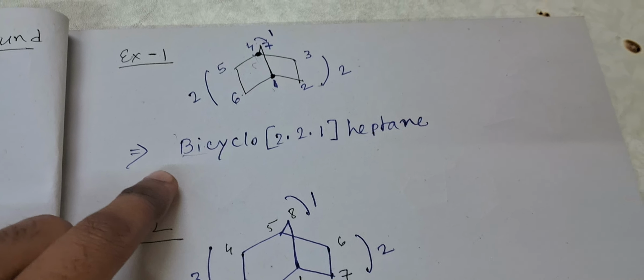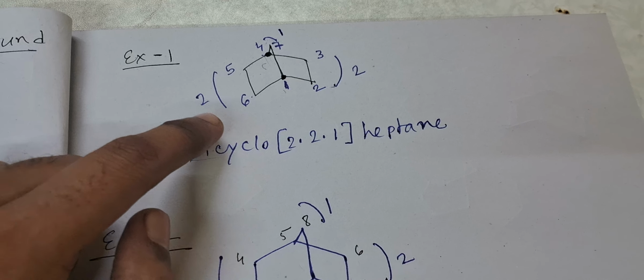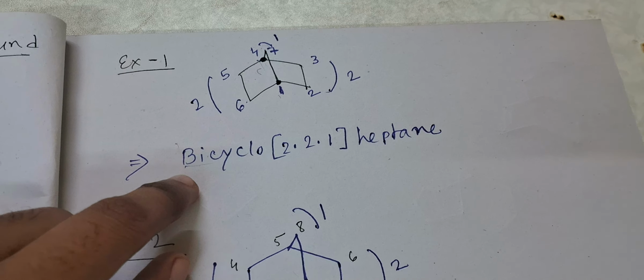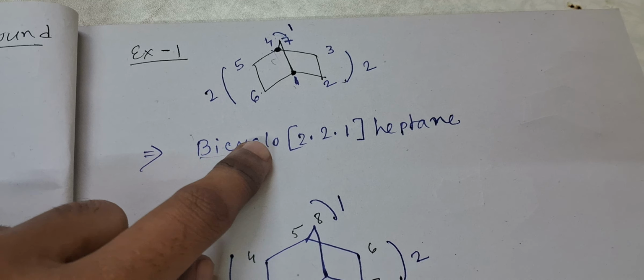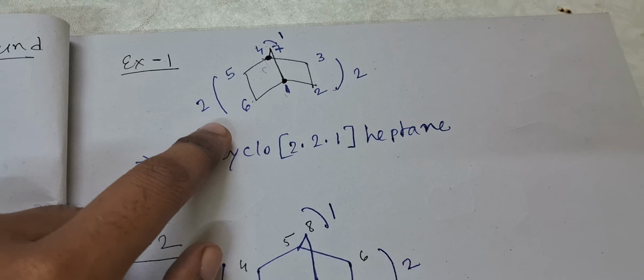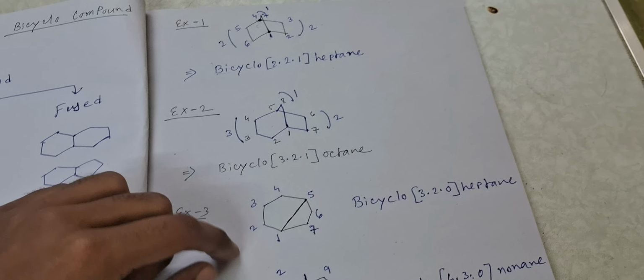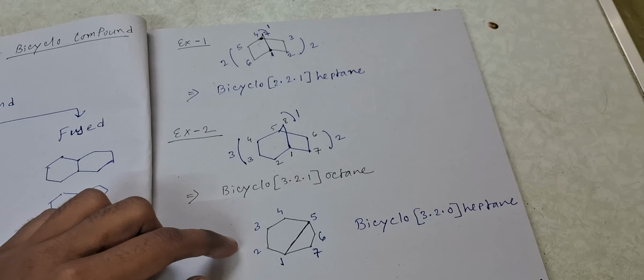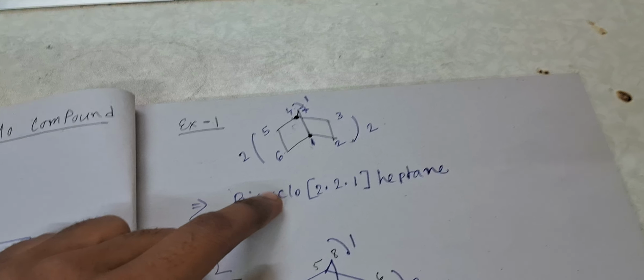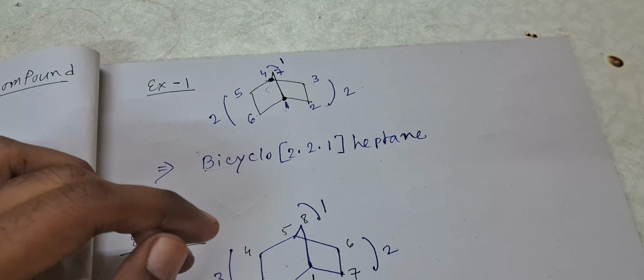So here I have written bicyclo, because it is a bicyclic compound. For every bicyclic compound you need to write the word bicyclo unless it has a substituent. Here I have shown you that every compound contains no substituent within it. If there is any substituent, then I will tell you what should be done.